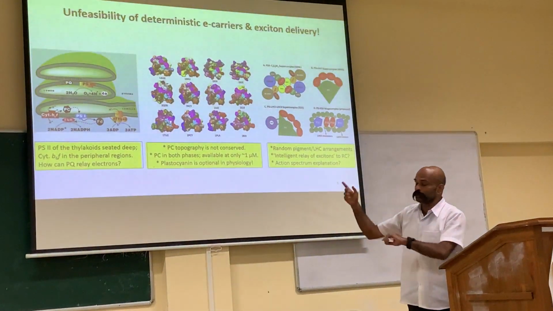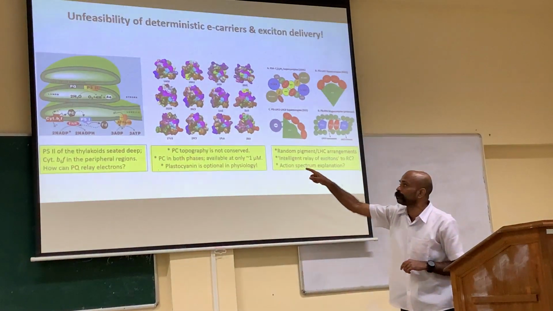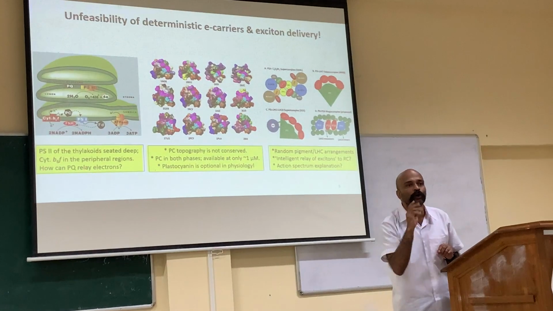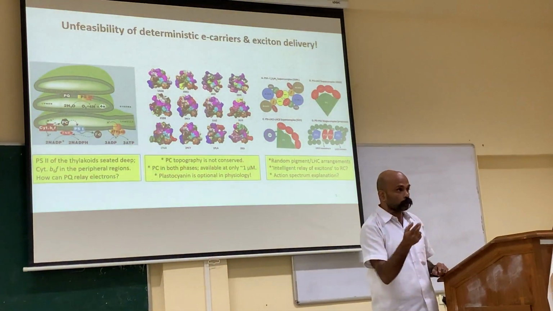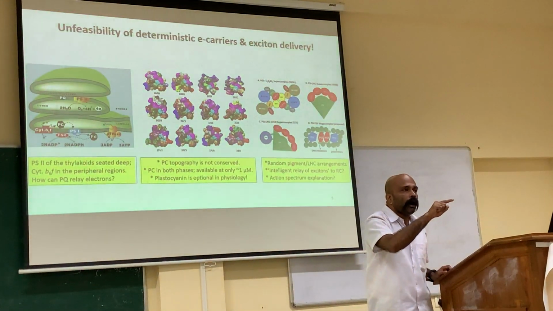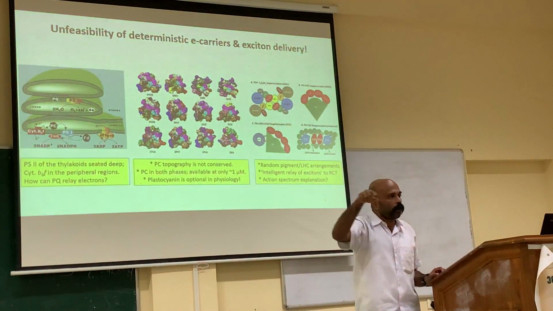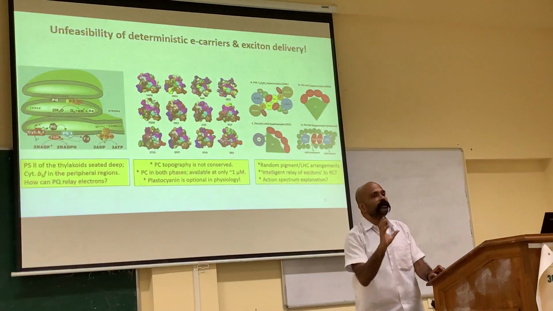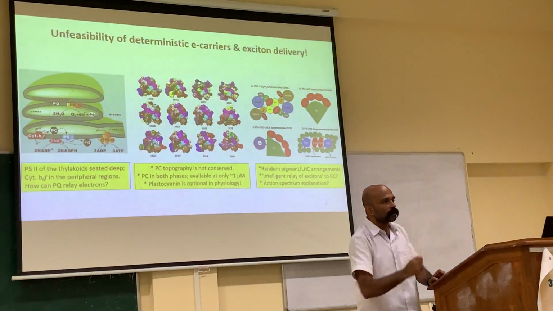So now if you know the basic chemistry of it, there are mobile electron transporters like plastoquinone and plastocyanin. Plastoquinone is an isoprenoid with quinone, and plastocyanin is a protein, a copper containing protein.